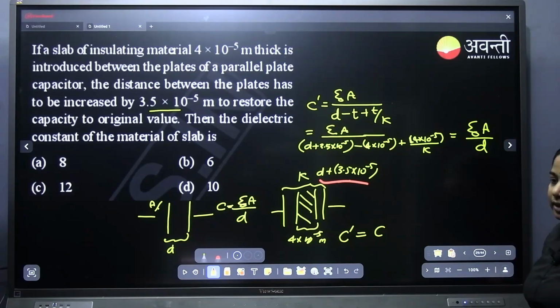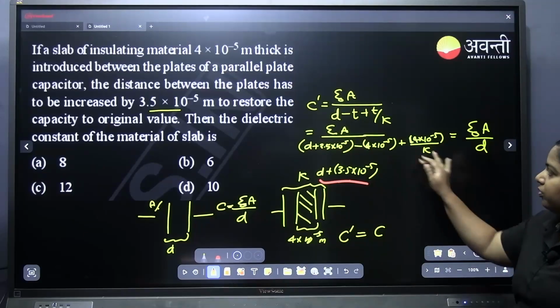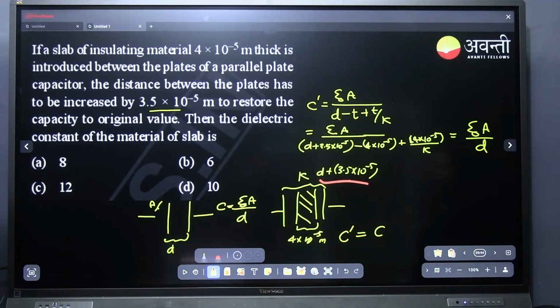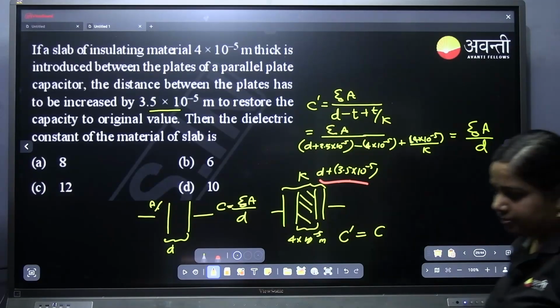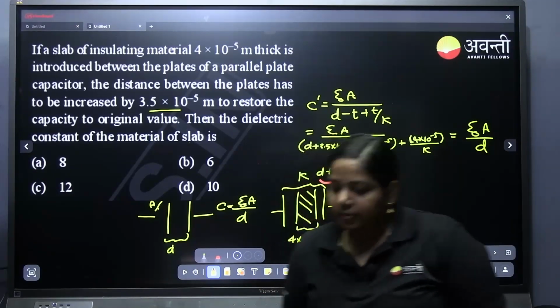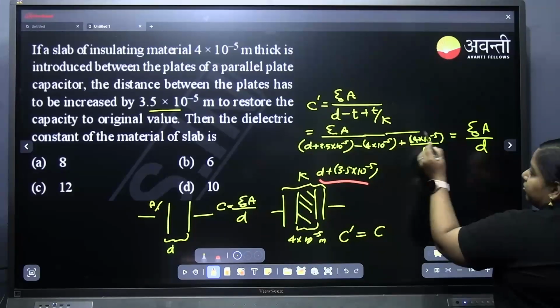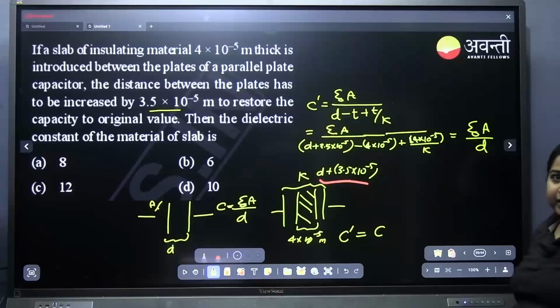You have to find the value of K. That's it. This is the only equation there is. From this, epsilon naught A will get cancelled. Then you can cross multiply and find it.